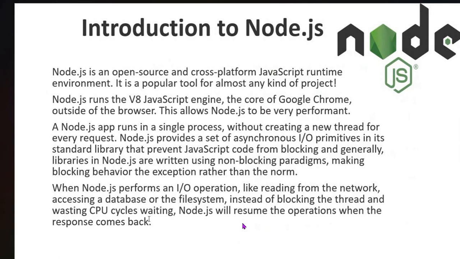But Node.js is different from other programming languages. It will not wait for the data that comes from the API. It will execute the other code, like printing any h1, h2, h3 heading or any paragraph or showing the image. It will not stop executing that code. It will wait for the data from the API and execute the other code. When the data comes from the API, it will execute the API code and show it to us.